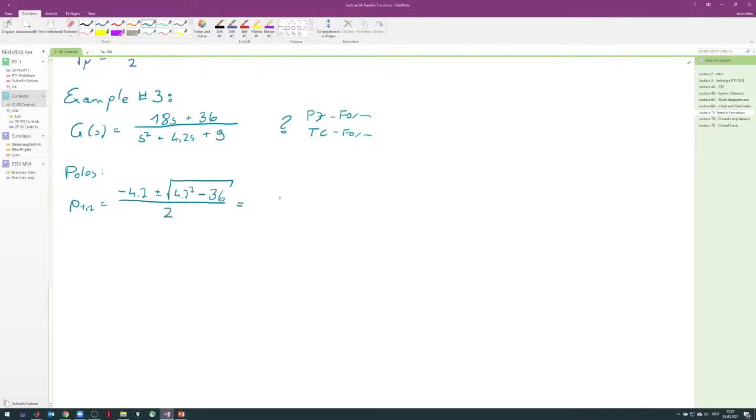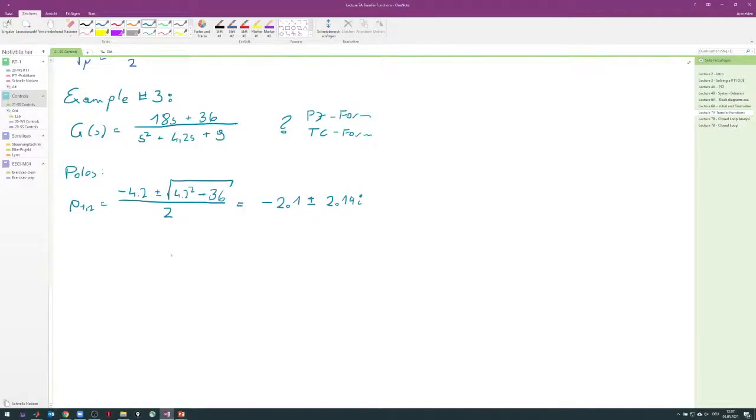And now the result here is minus 2.1 plus minus 2.14i. Okay, so we immediately know that this system is going to oscillate because it has a conjugate complex pole pair. So far so good.